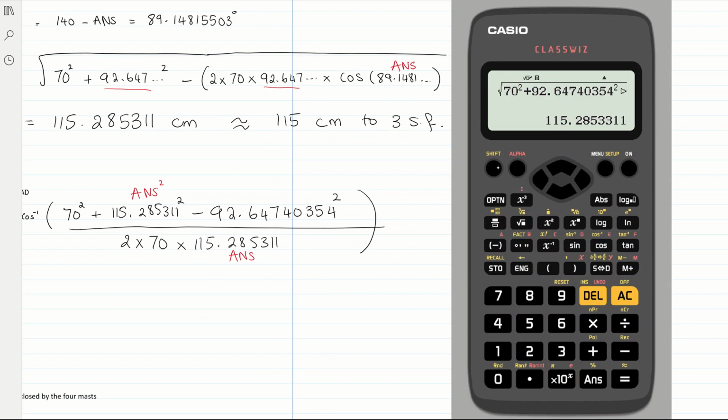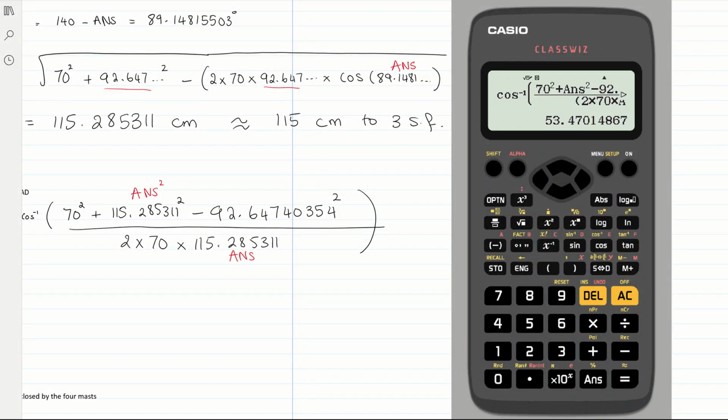So shift cos fraction, 70 squared plus answer squared minus 92.64740354 squared, close brackets, 2 times 70 times answer, close brackets, use my arrows, close big brackets, equals.